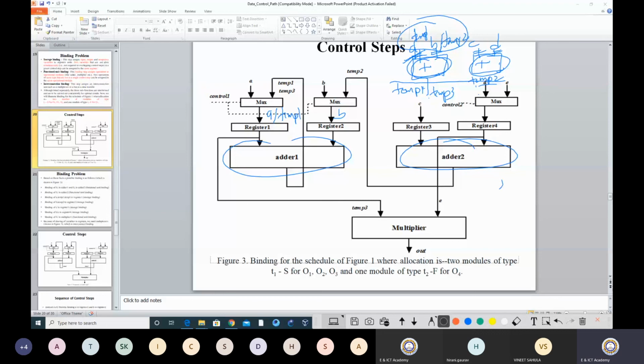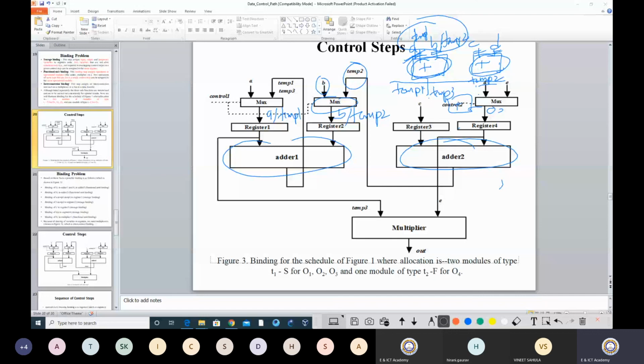ठीक है. Now for this adder, if I look at it, that adder will first do operation 1 and then it will do operation 3, because we are considering that this temp1, temp2 addition, which I am defining as operation 3, this is operation 1, this is operation 2 and this is operation 3.